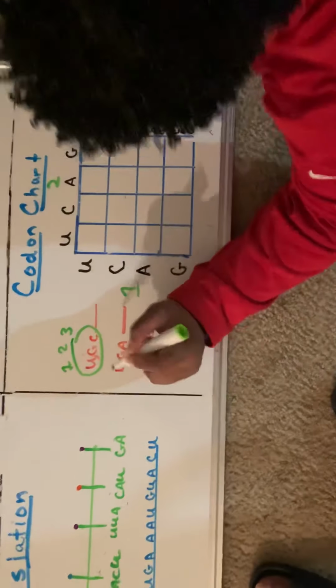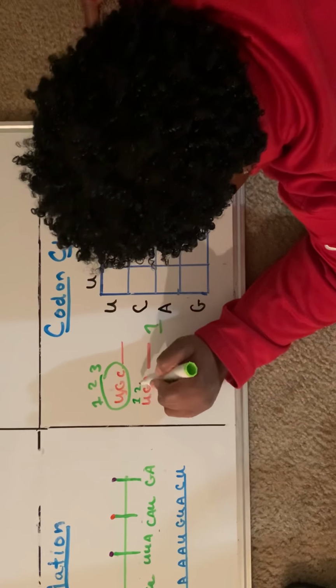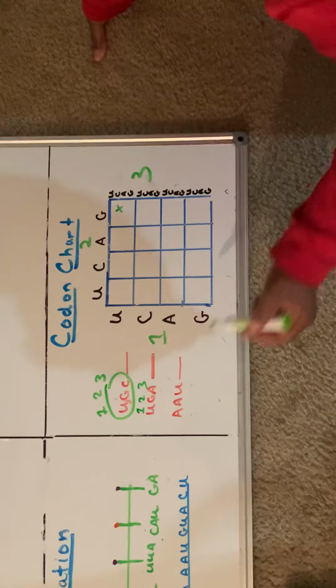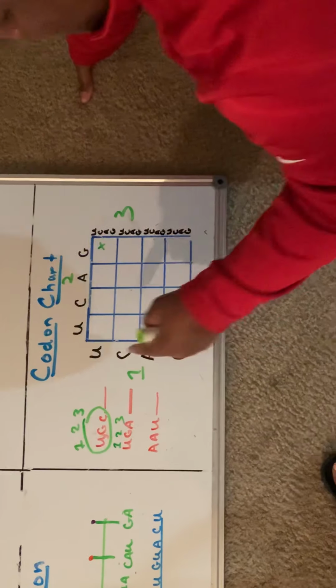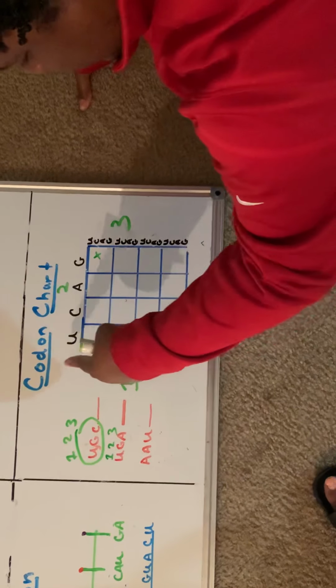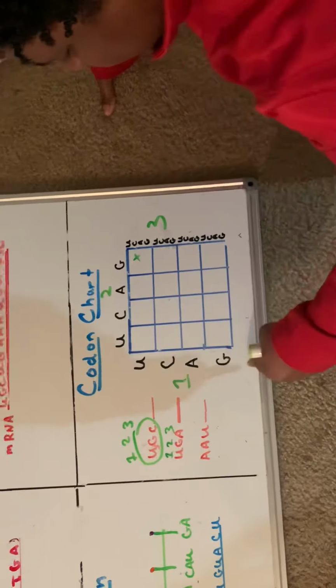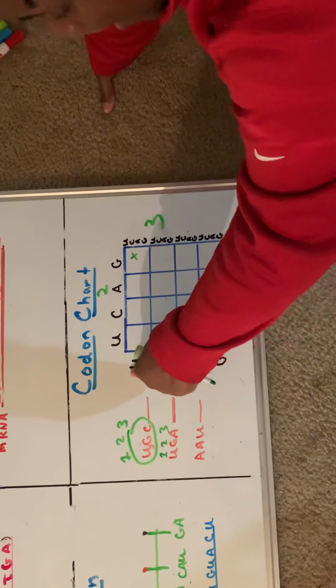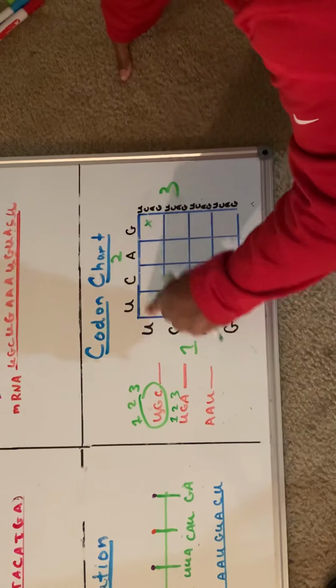So we have 3 nitrogenous bases again, 1, 2, and 3. And so our first nitrogenous base is uracil or U, and we know that we look for that very first amino acid on the left-hand side. This is side number 1. So we know again that our amino acid is on this row right here.